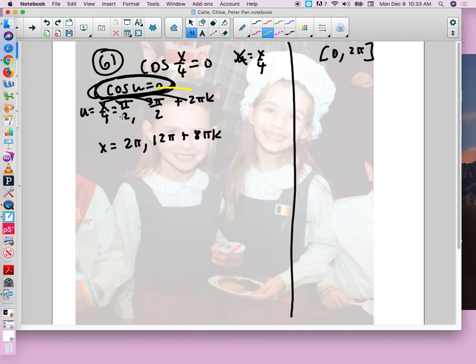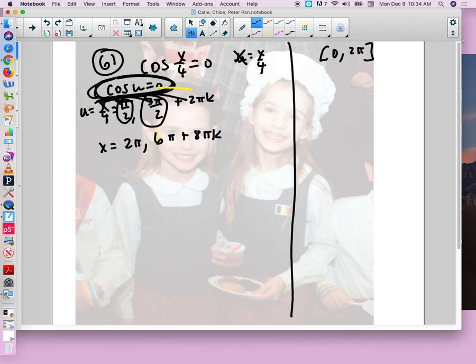So you'd just be able to add the period to keep going. Wait, I just want to see what my mistake was. Oh, I made my mistake here. Is this what you were saying? Yeah. Okay, I'm so sorry. Multiply by 4. Thanks, Katie. That would give you 2 pi over 2. Multiply by 4, that would give you 12 pi, and then I didn't divide by 2. So that should give you 6 pi.